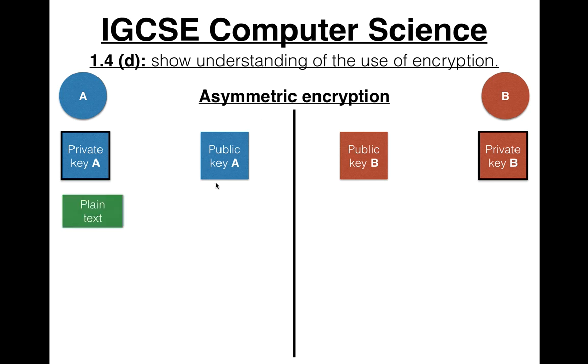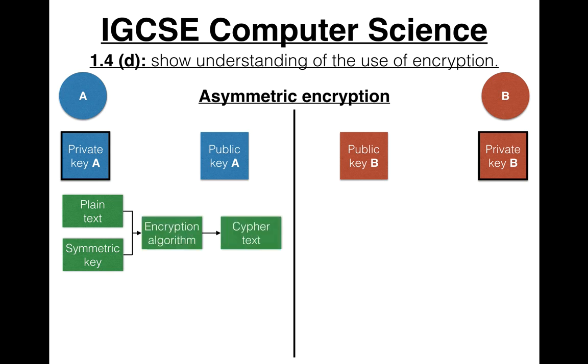So A wants to send a text message to B. So there's a plain text and a symmetric key. What happens is, it goes through an encryption algorithm and so on, and ciphertext is produced.